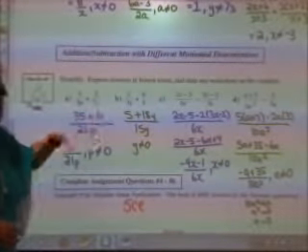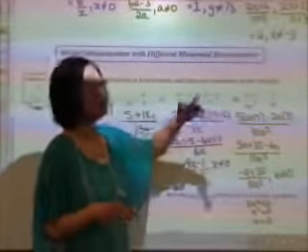Okay, the last part looks at adding or subtracting rational expressions which have monomial or binomial denominators that do not have a common factor. So even with what we were doing at the bottom of the previous page, there was still a common factor. These ones both had a p in common or an x in common.